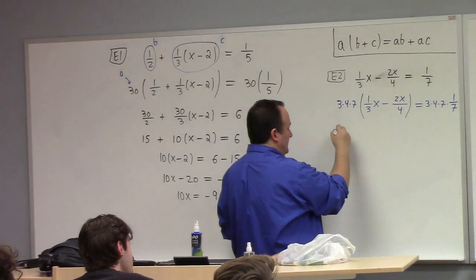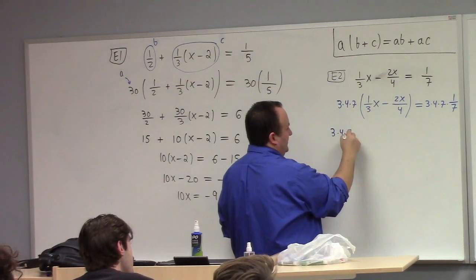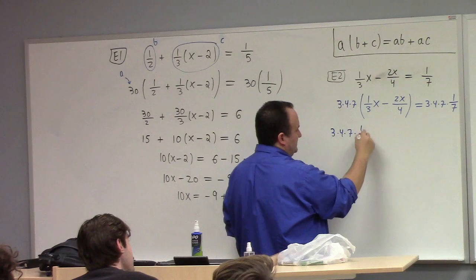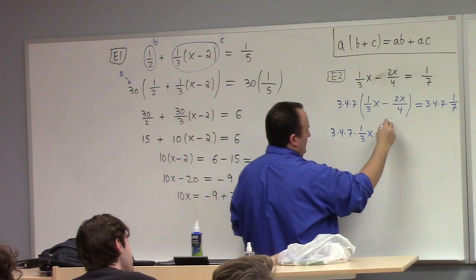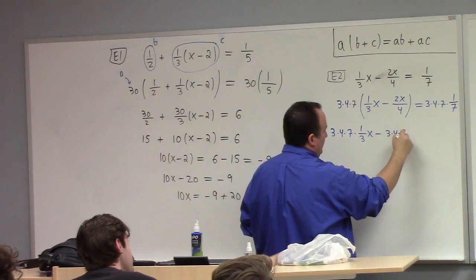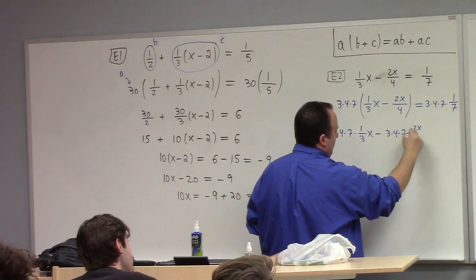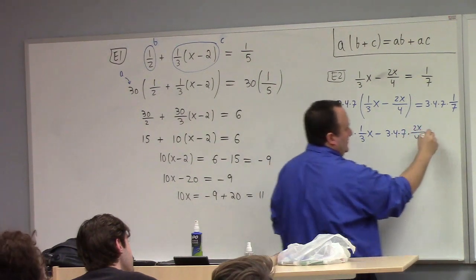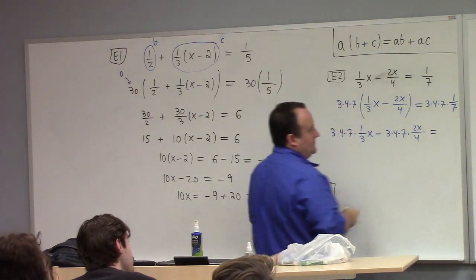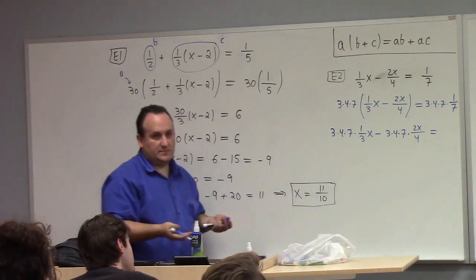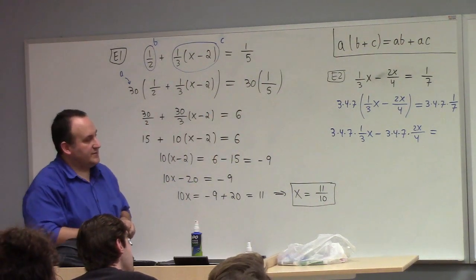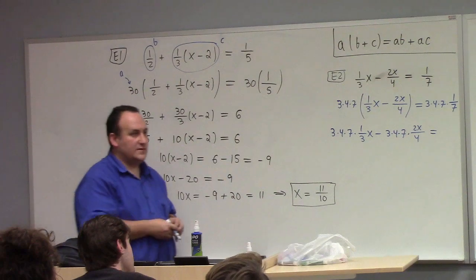So this gives me 3 times 4 times 7 times 1/3 x minus 3 times 4 times 7 times 2x over 4 equals what? Now this over here simplifies, yeah? The 7's cancel, they reduce, and you're left with 3 times 4, which is 12.